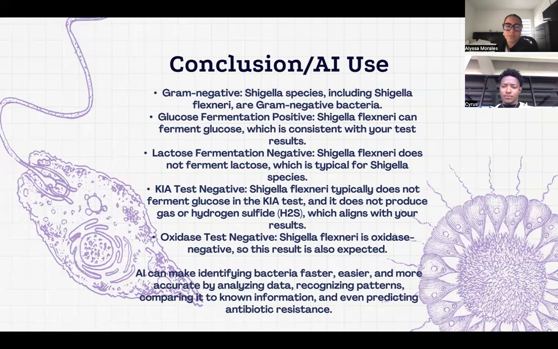This led us to believe that AI can make identifying bacteria a lot easier, faster, and more accurate by analyzing data, recognizing patterns, and comparing it to already known information. It can even predict future antibiotic resistance. This is why the rise of AI in educational institutions is becoming somewhat helpful, because it can speed up the processes that can take hours to weeks in the lab.